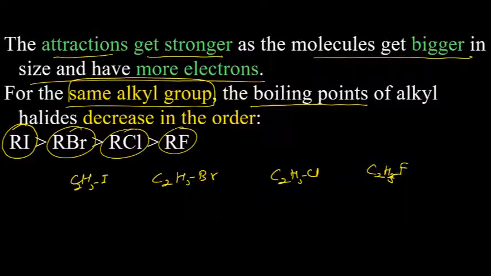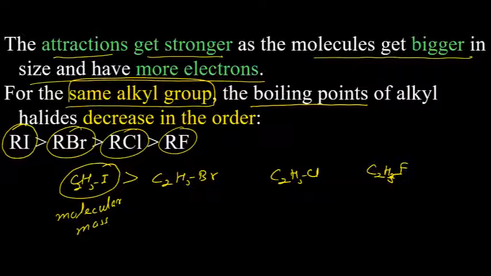In this case, the greatest boiling point will be of the iodide. The reason is again very simple: iodine has higher atomic mass, so the whole molecular mass is higher. In this case, highest.